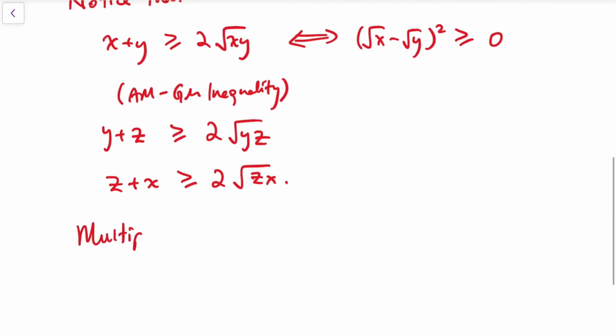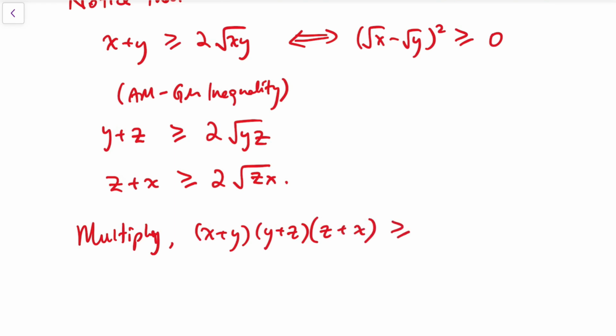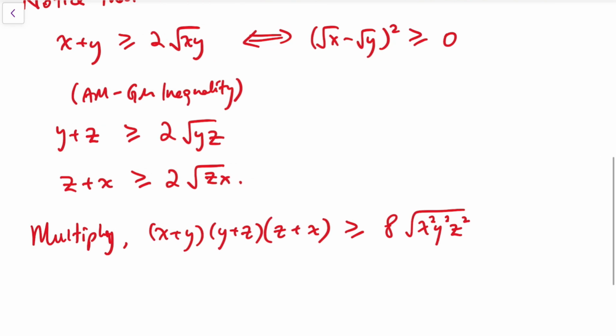So multiplying, the product is larger than or equal to 8 times square root of x squared, y squared, z squared, and that's exactly 8xyz.